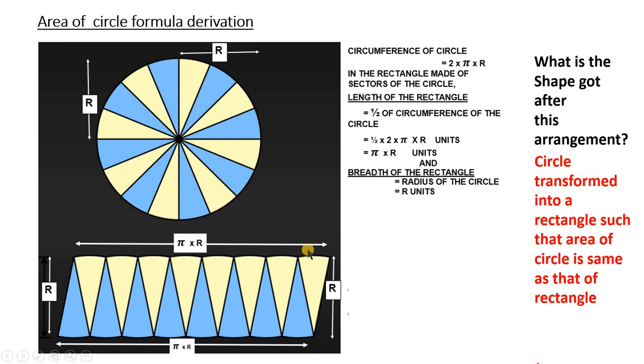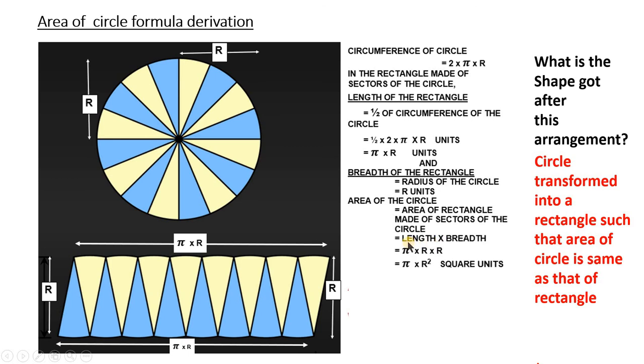Now the area of this rectangle and the area of the circle are the same, so we are going to derive a formula for the area of the circle. Therefore the area of the circle is equal to the area of the rectangle made of sectors of the circle. The formula for the area of a rectangle is length into breadth.